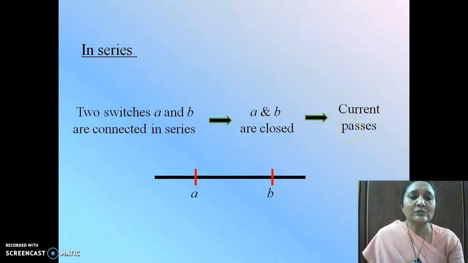Suppose I say A is open and B is closed, then the current neither passes through via A nor passes through via B because A itself is open. Or when both A and B are in open state, then the current does not pass through. So the only case in series where current passes through is when both A and B are in a closed state.